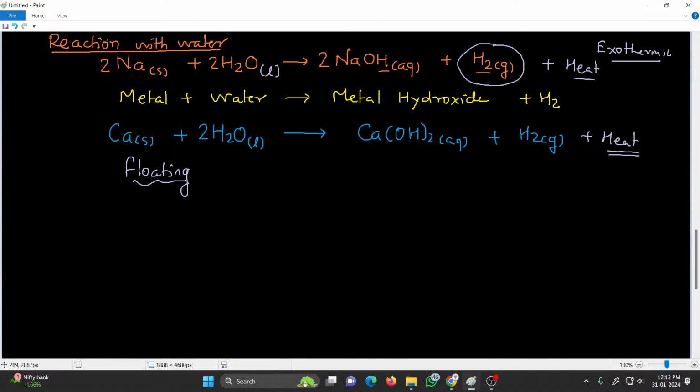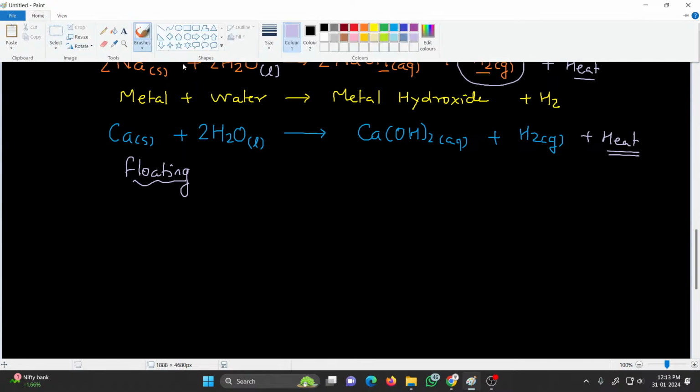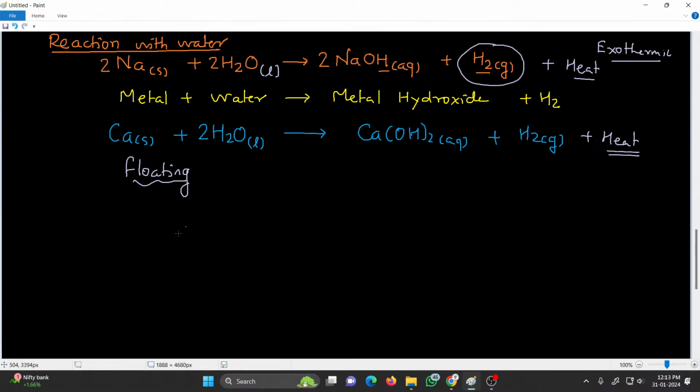In case of aluminium, iron and zinc, the reaction stops at oxide formation because the oxides are not soluble in water. So if aluminium is reacted with water, we have to write the physical state of water as gas, because they only react with water vapor and they do not react with liquid water.